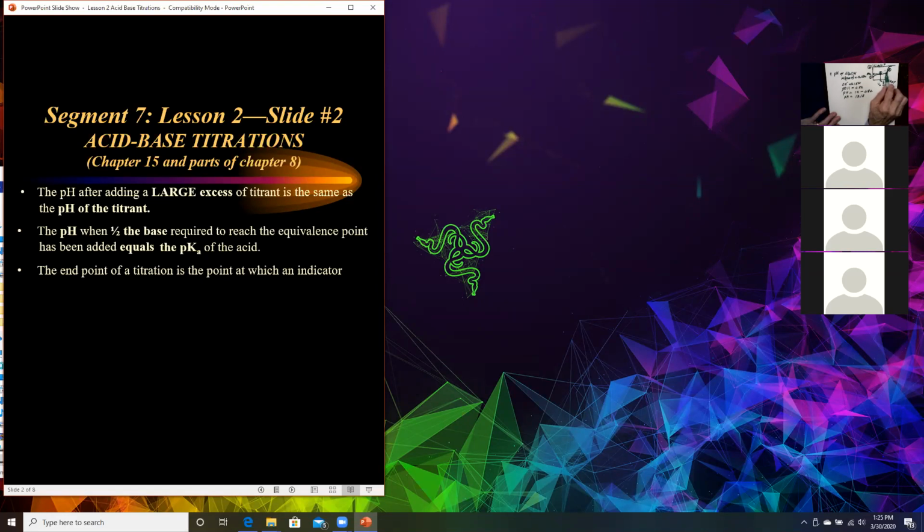Well, phenolphthalein won't exactly hit that. It'll change colors at about 9, but there's such a little volume here that it doesn't make enough difference to worry about in most cases. But ideally, the end point is the place where your indicator tells you you're done. It goes from the acid color to its base color.